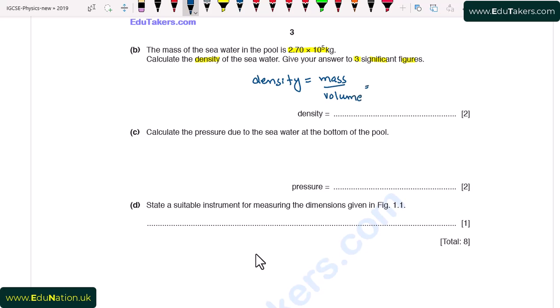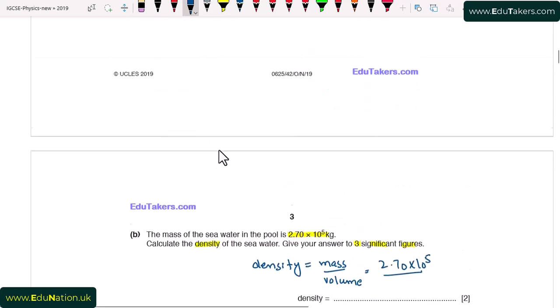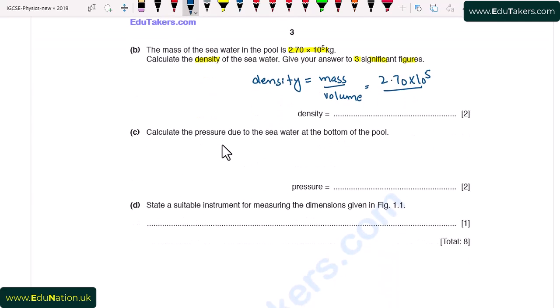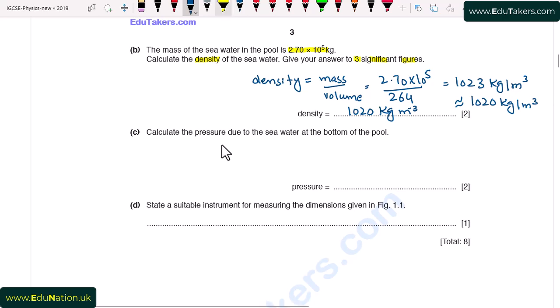Mass is given, that is 2.70 into 10 to the power 5, divided by volume, which is 264 meter cube. So density comes to be 1023 kg per meter cube and it is approximately equal to 1020. So I write here 1020 kilogram per meter cube.